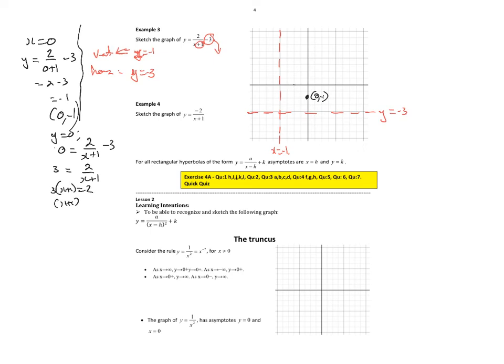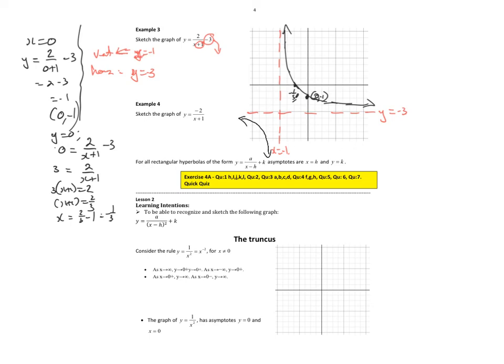Bring the 3 back down and subtract 1. Minus a third, which seems quite feasible. Minus a third there. So we've got a graph here that goes through like that. Try and do one continuous line, and the other section is down in through here.